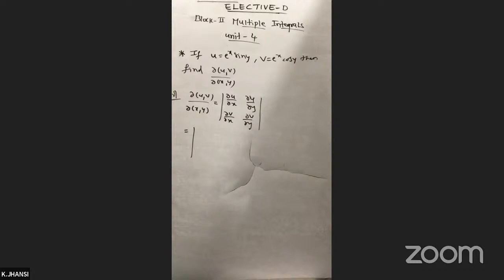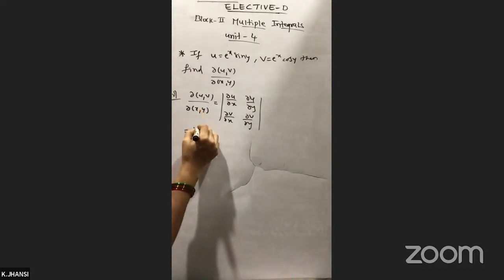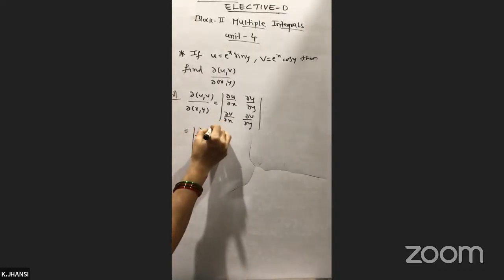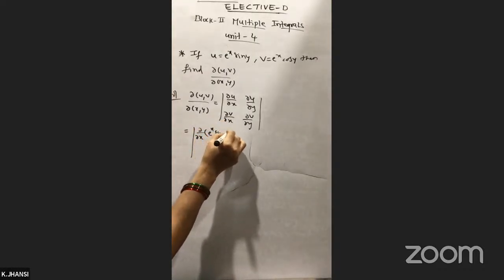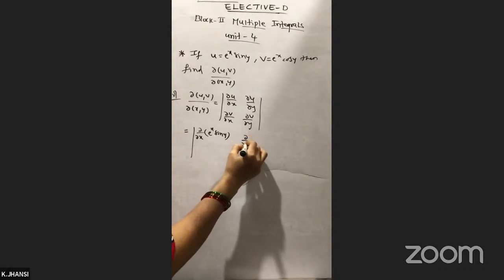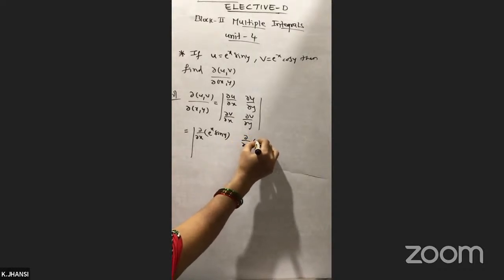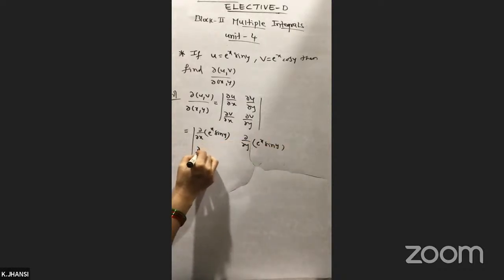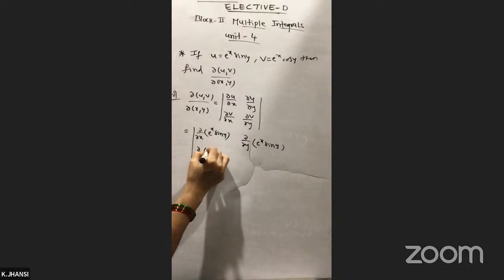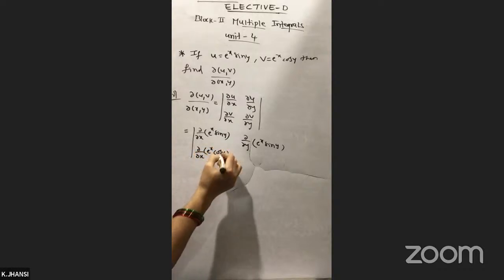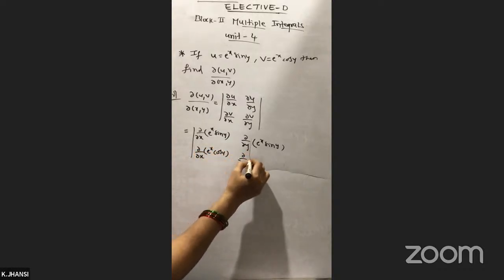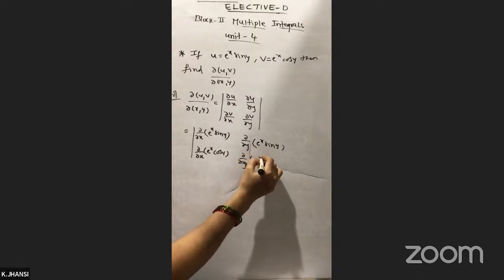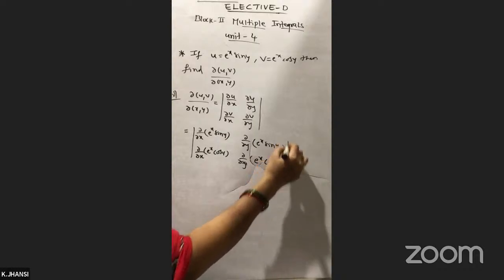You can write this separated as dou by dou x, or directly you can do the partial differentiation also. Okay. Dou by dou y of u, where u is e to the power of x sin y. Next dou by dou x of v, where v is e power x cos y. Next dou by dou y of v, where v is e to the power of x cos y. Okay.